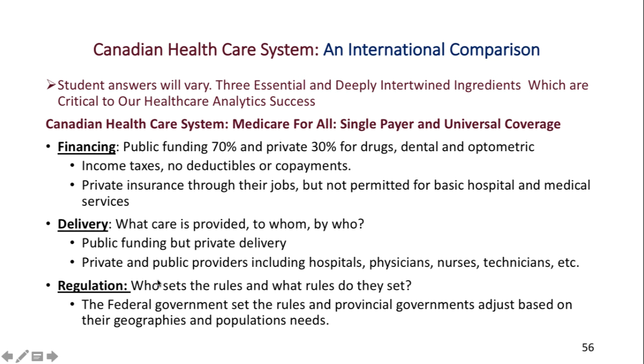The delivery is publicly funded but privately delivered, with private and public providers, including hospitals, physicians, nurses, technicians, etc. The regulations are basically set by the federal government, which sets the rules, and the provincial governments adjust based on their geographies and population needs. Now, which one do you prefer?